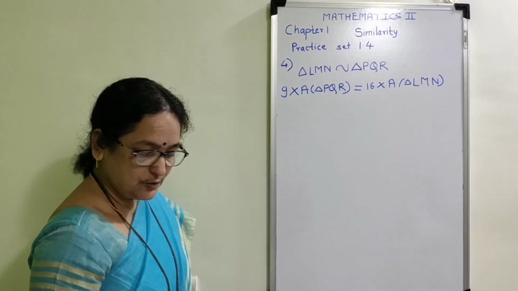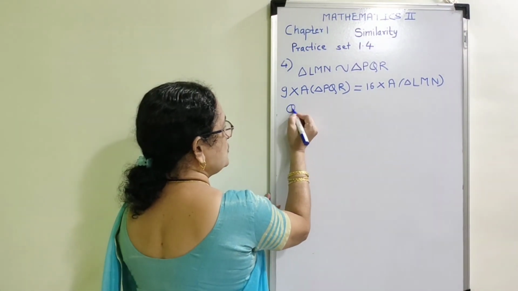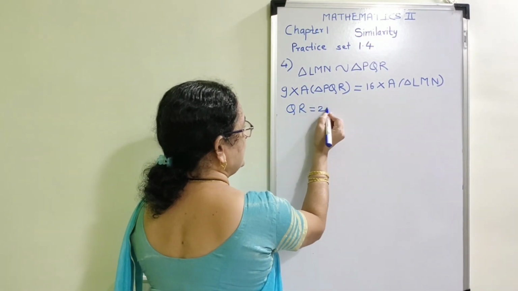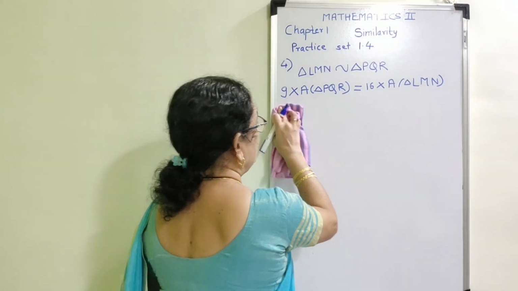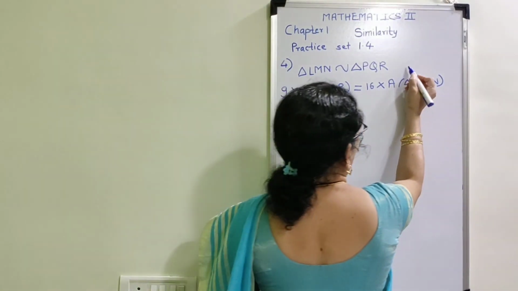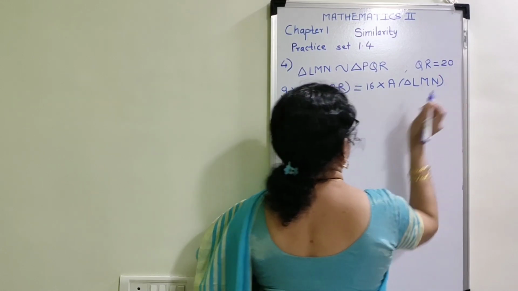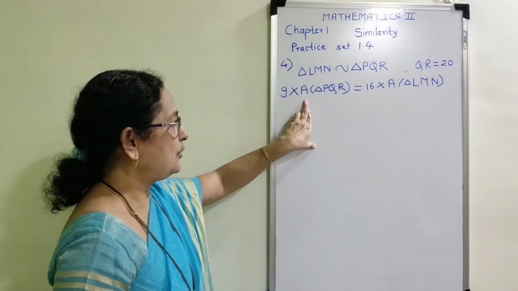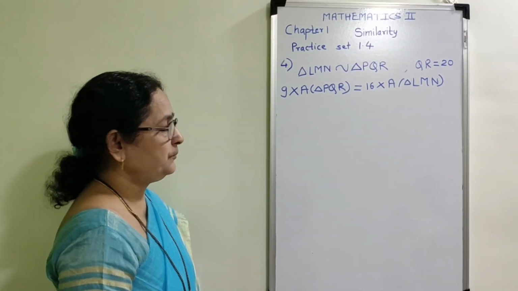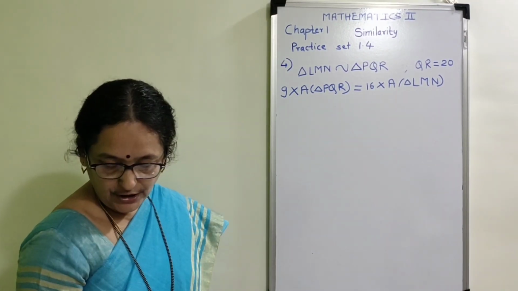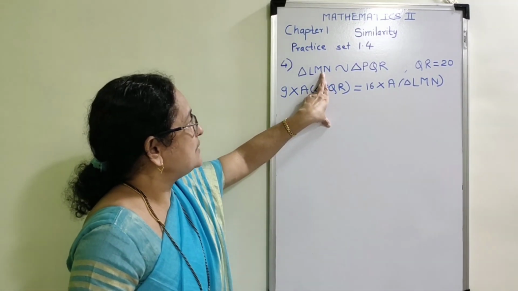And also they have given value of one segment, that is QR is equal to 20. I am going to write here that also QR is equal to 20. Since I want to convert this given expression in terms of ratio. Now read the example. Here you are going to find out length of segment MN.